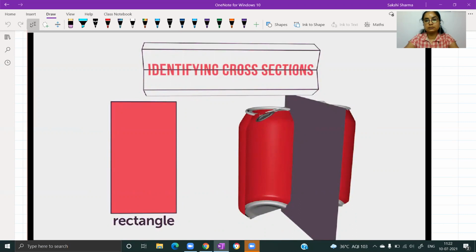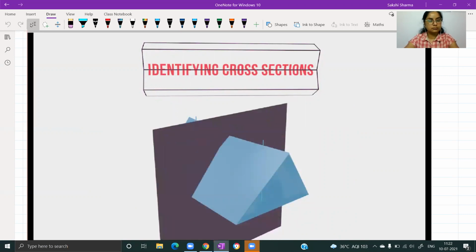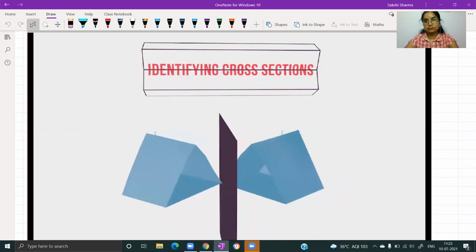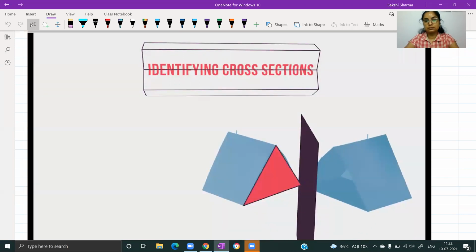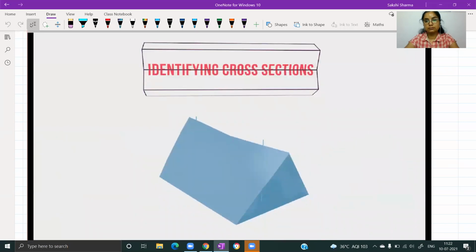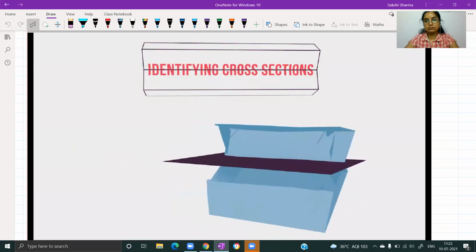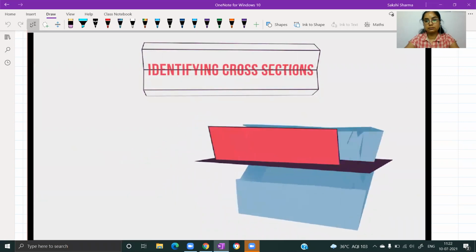Look at another example of cross-sections. You are given the three-dimensional figure of a tent. What two-dimensional shape would form if the tent was cut vertically? With a vertical cut, the cross-section would be a triangle. What two-dimensional shape would be formed if you cut the tent horizontally or parallel to the base? With a horizontal cut, a rectangle would be formed.